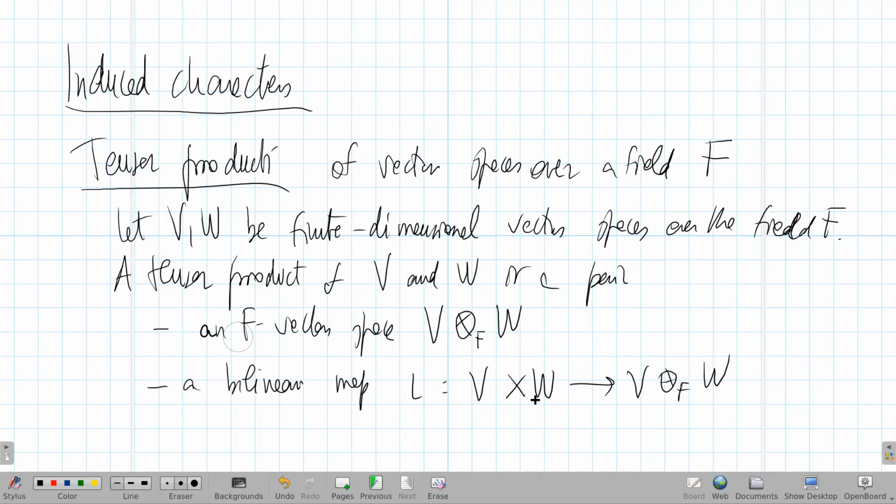So what does bilinear mean? This is just a set theoretic product. It's not seen as a vector space.